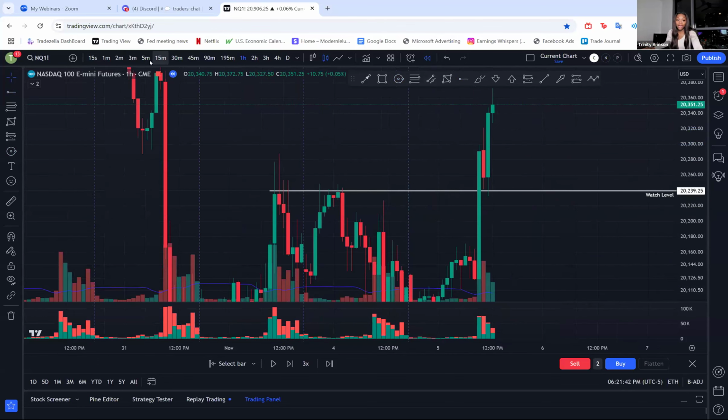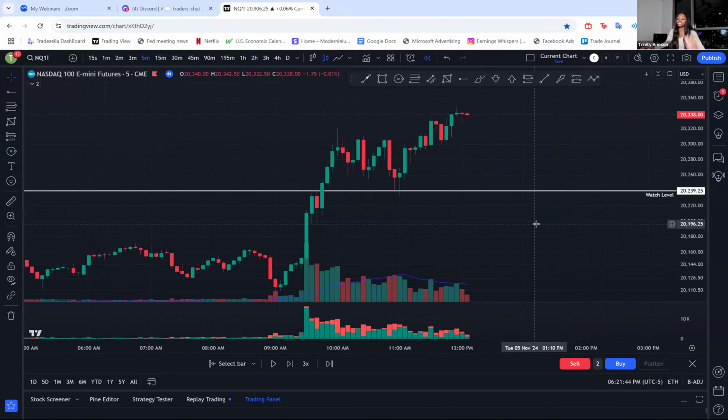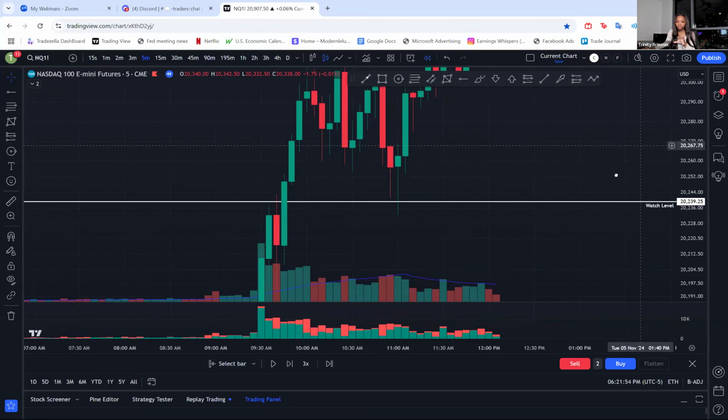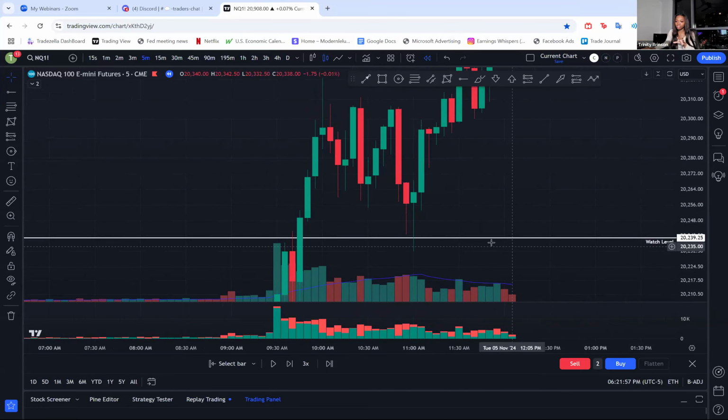All right, so going back down to the 5 minute now, and this is where looking at multiple time frames, why I like to look at the 5 minute, 1 minute, and 15-second, because we see on this 5 minute, you know, we have price come back down to that 239 level. We retest, we bounce, okay? We do have this nice imbalance here on this 5 minute.